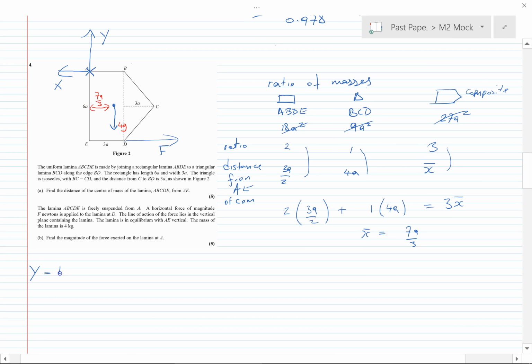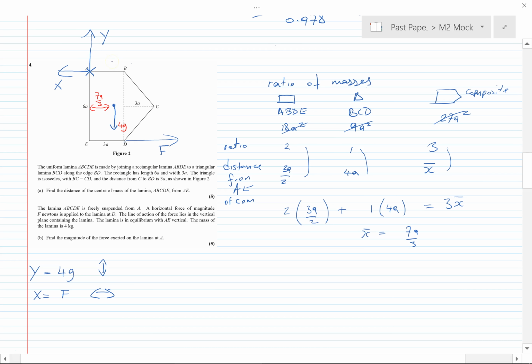Y is going to equal 4g because it's got to be balanced vertically, and X is going to be equal to F, horizontally. Apologies for getting things the wrong way around. And X is equal to F, which is the horizontal bit there.